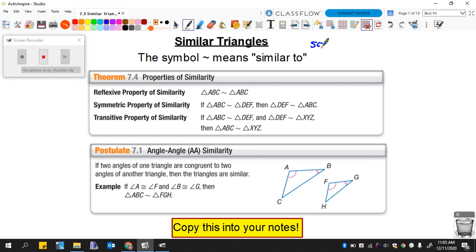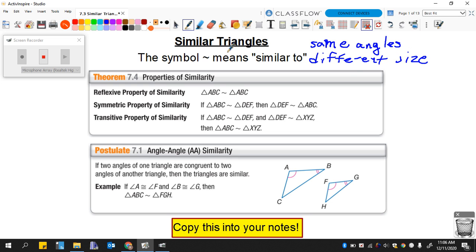So both of the shapes, and in this case we're talking about triangles, have the same angles, but they have a different size. One's bigger than the other.